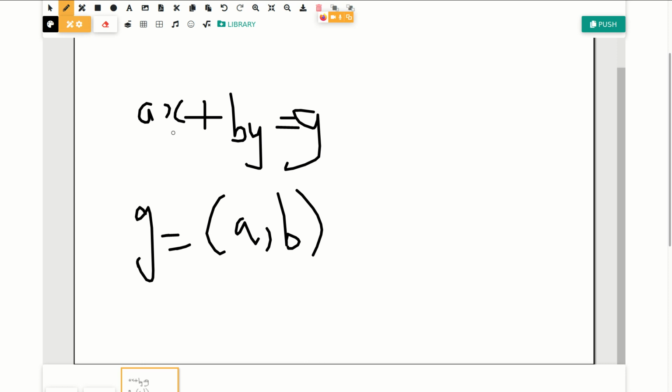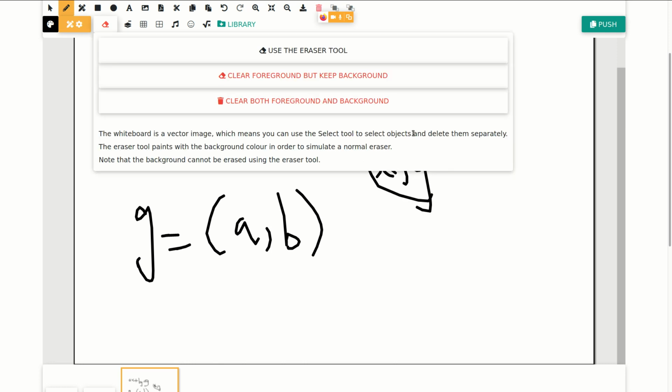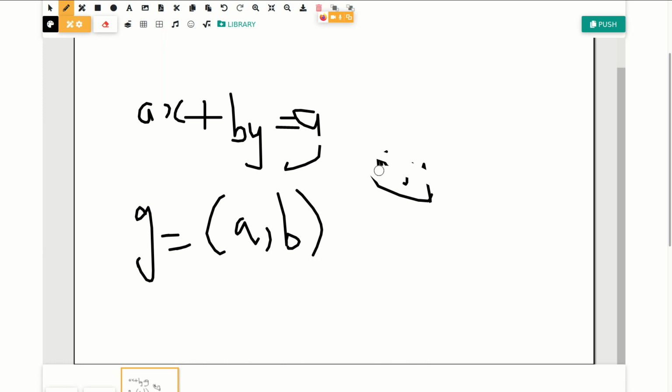We want to find some particular integer solutions x comma y to this equation. So the way to do this is called the extended Euclid GCD algorithm.